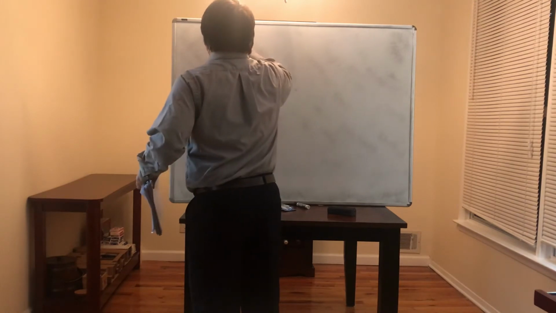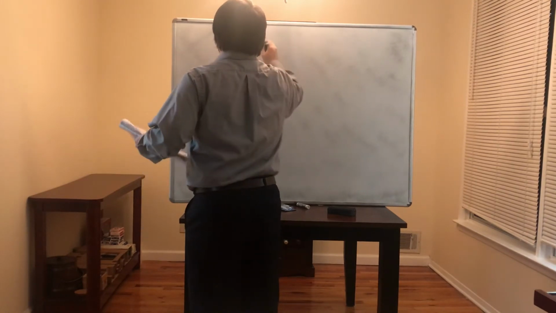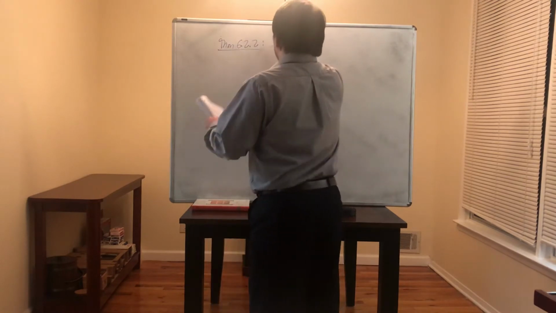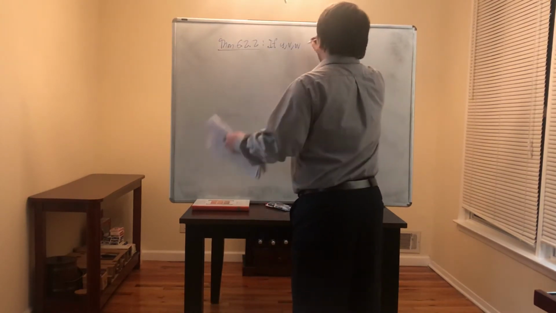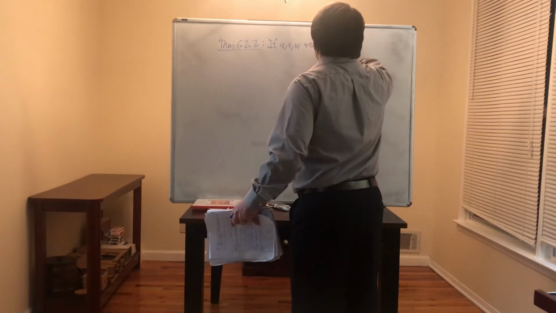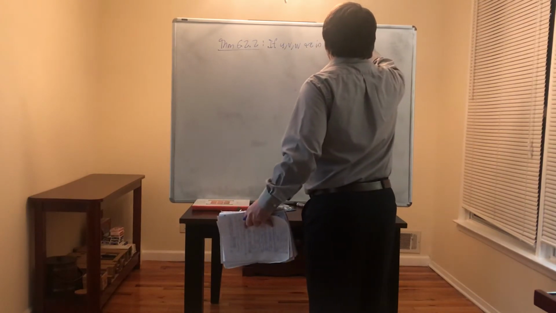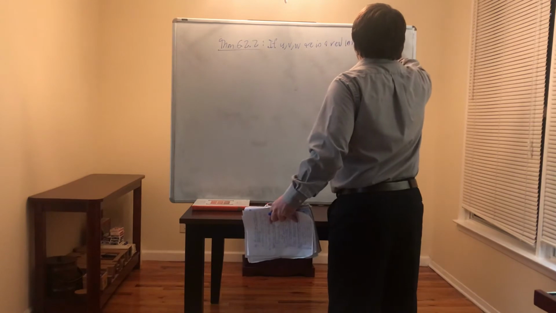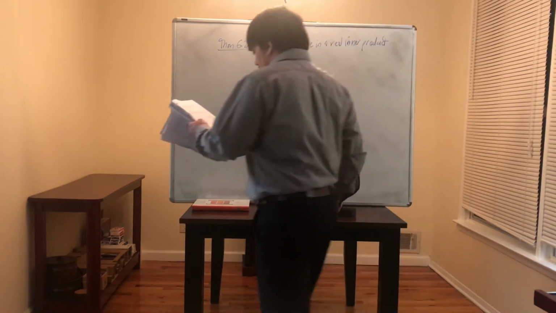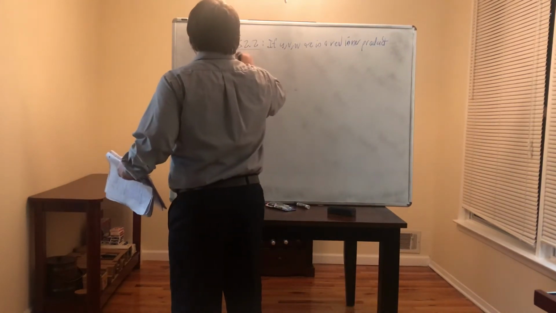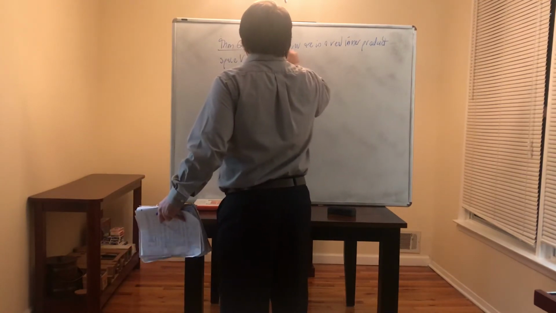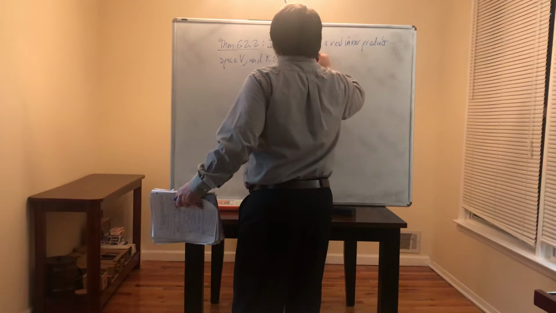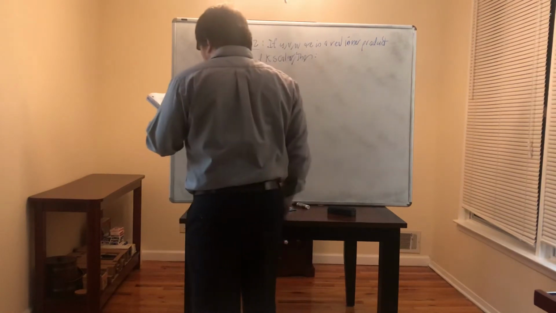Okay, theorem 6.2.2. So if u, v, and w are in a real inner product space capital V, and if k is a scalar, then the following are true.